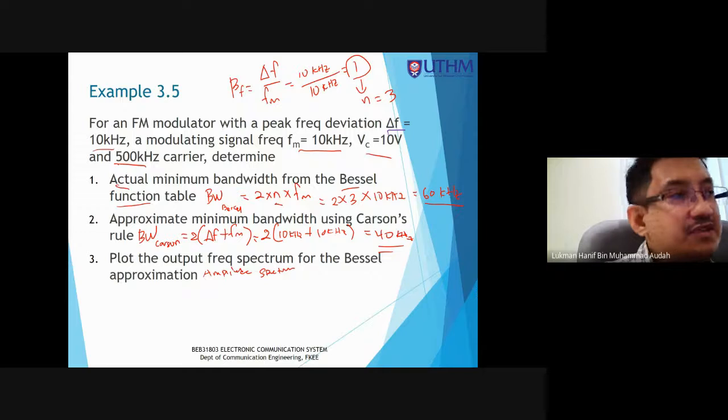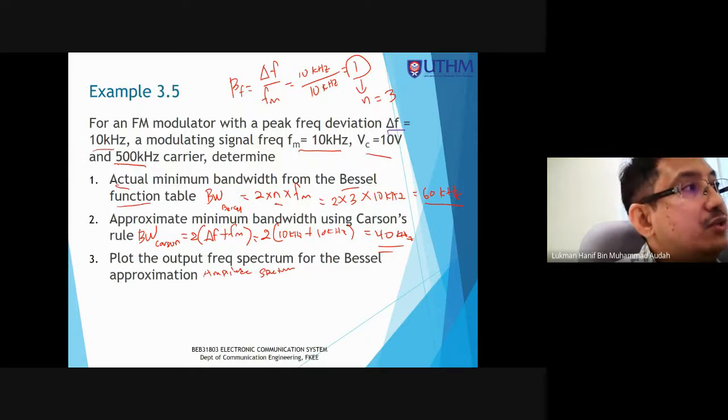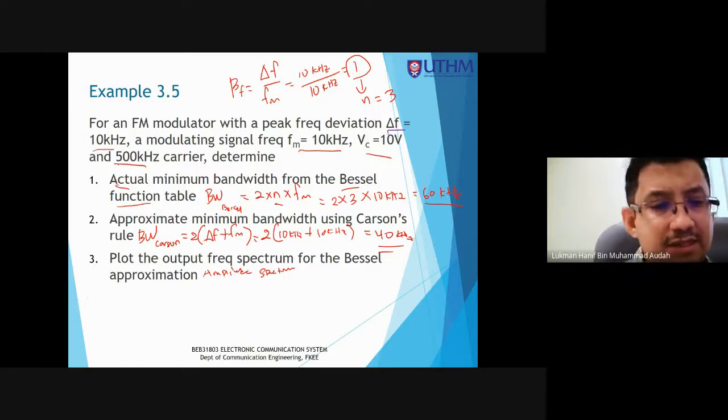Okay, so that means we need to determine the amplitude first. So berdasarkan yang tadi kita boleh guna table yang tadi sebenarnya.